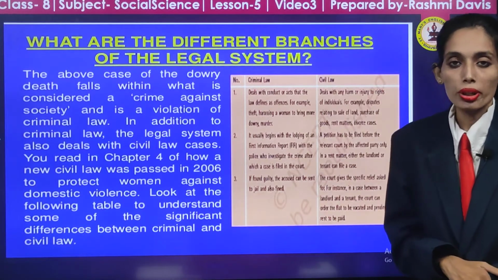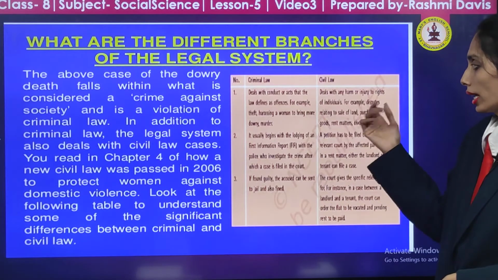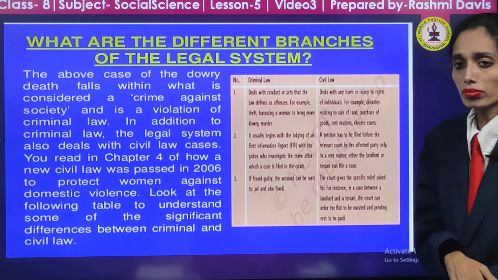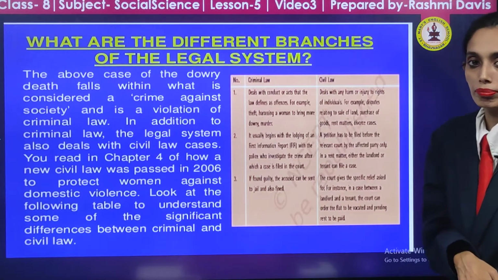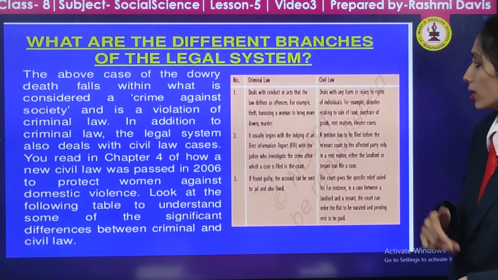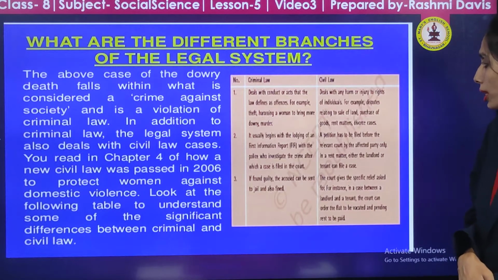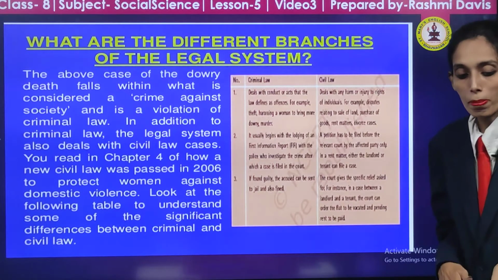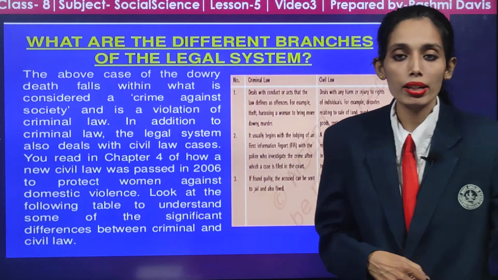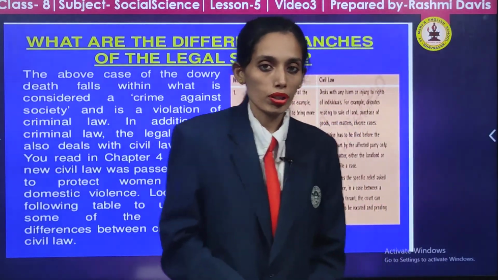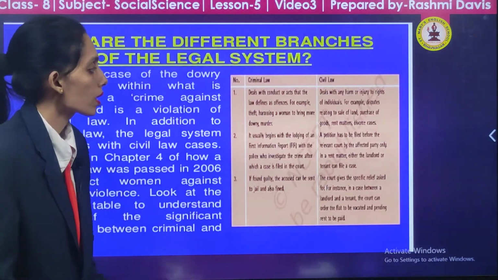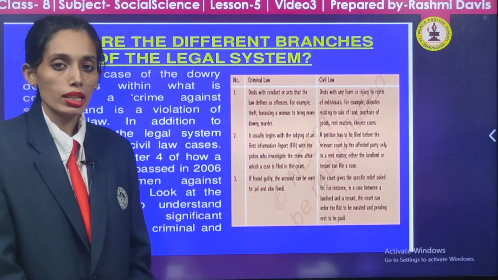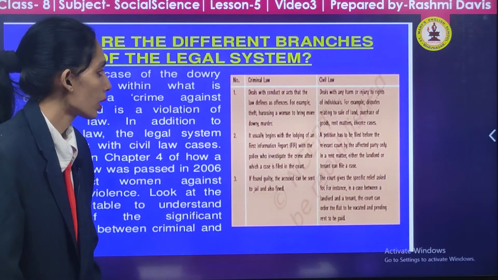Criminal law deals with issues related to theft, harassing a woman, dowry cases or murder. Civil law deals with disputes about buying and selling of land, purchases of land, and rent issues. Such cases can be taken to the civil court.